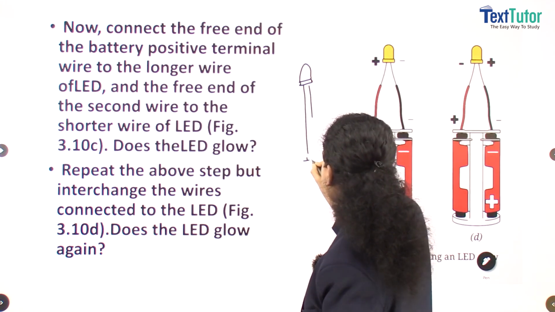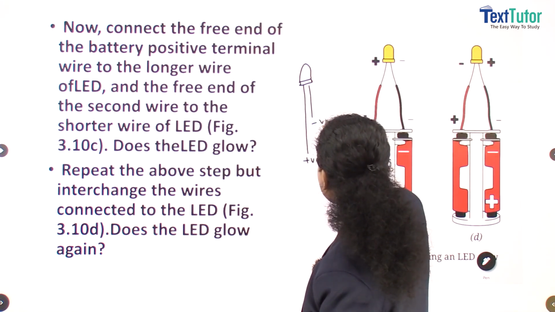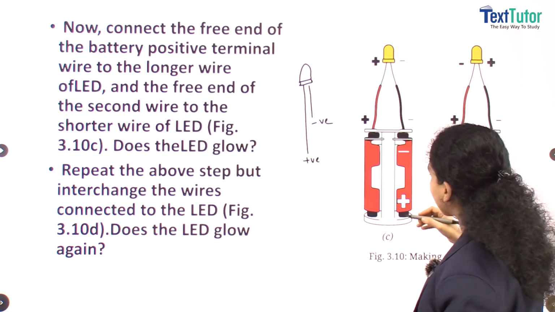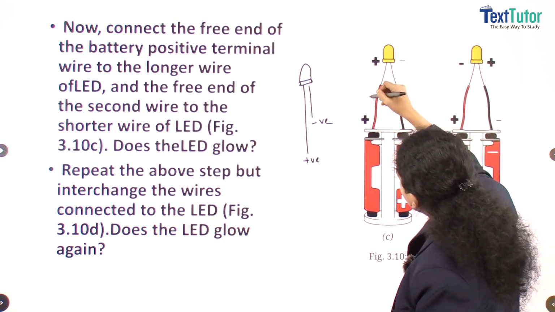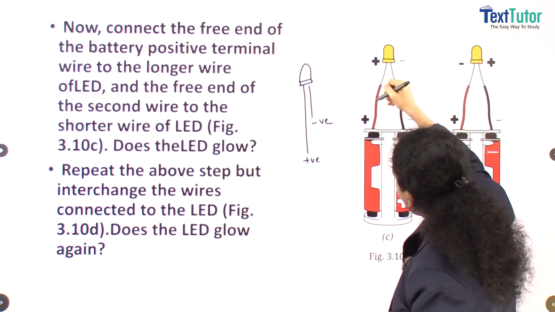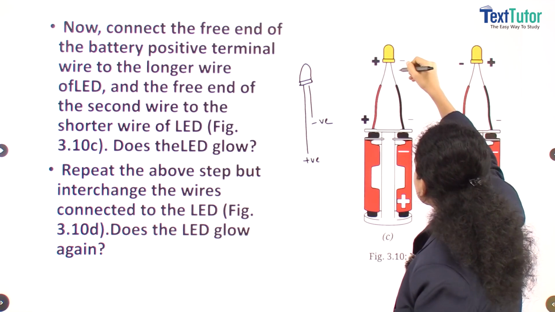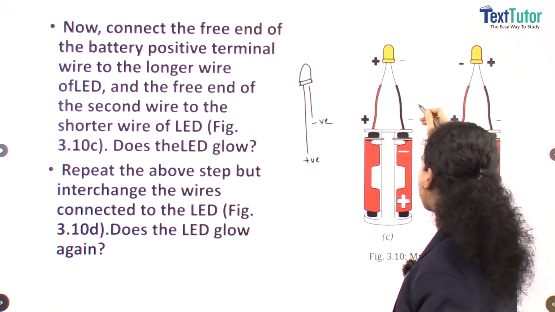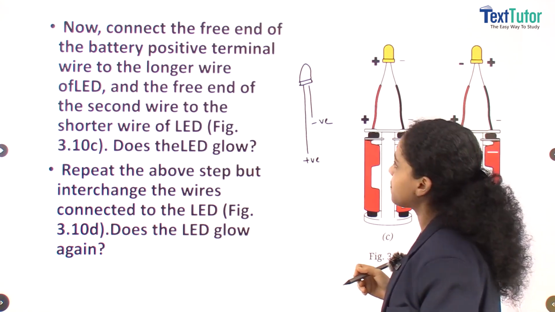The longer wire is the positive terminal and the shorter one is the negative terminal. So the positive terminal should be connected with the long wire and the negative terminal with the short wire. Clear ആണോ?